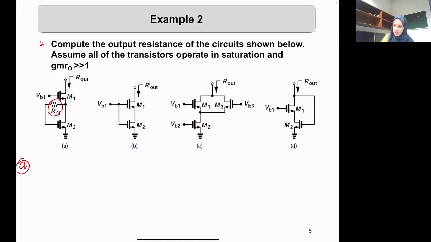It's not going to change the impedance that we see from this diode connected transistor in the gate path. And here, there is no current coming because this is the gate of the transistor. Therefore, it's not going to do anything for us. It's like it's not existent. That's why we will see 1 over GM2 in parallel.